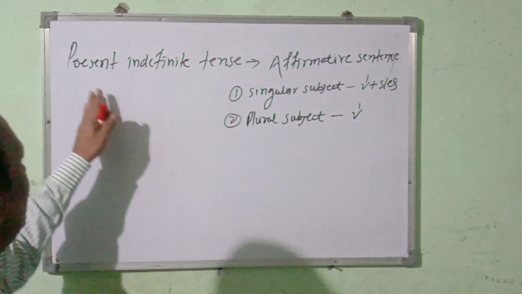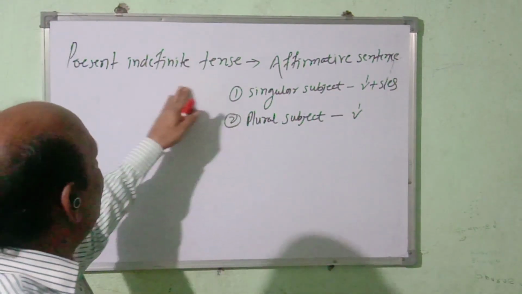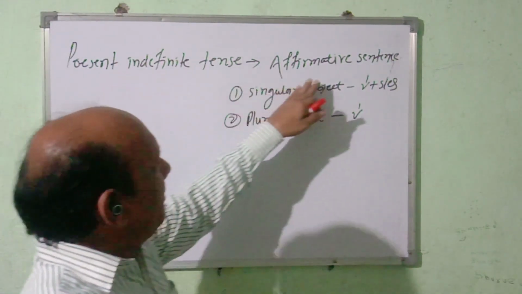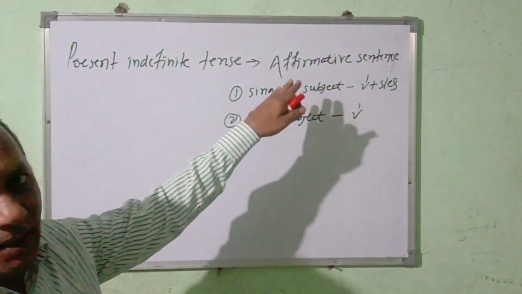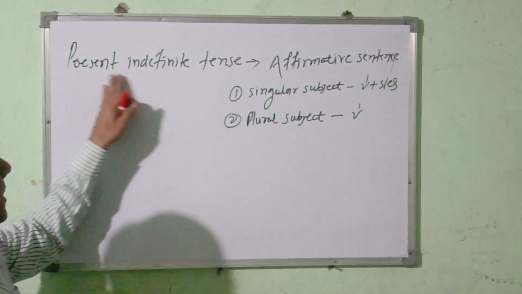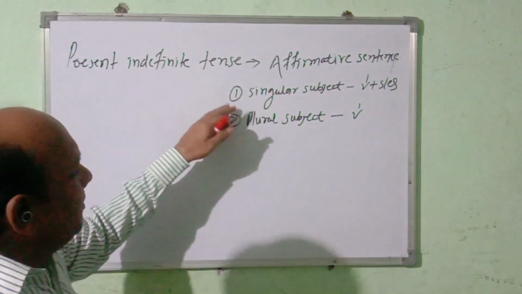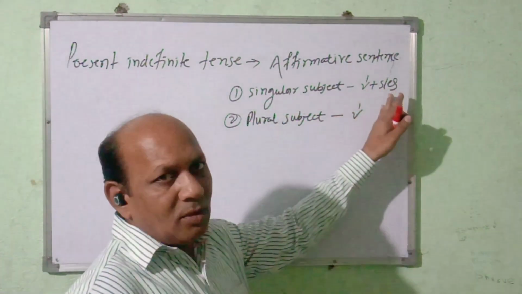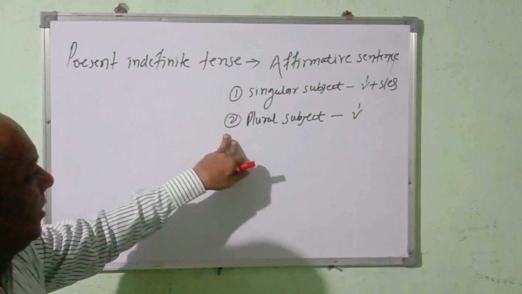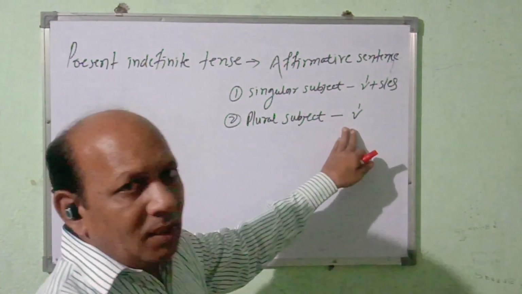Just recall, we are talking about the present indefinite tense, also called the affirmative sentence, also called the positive sentence. When you are talking about the singular subject, you have to use V1 plus S or ES. And when you are talking about the plural subject, you have to use V1.